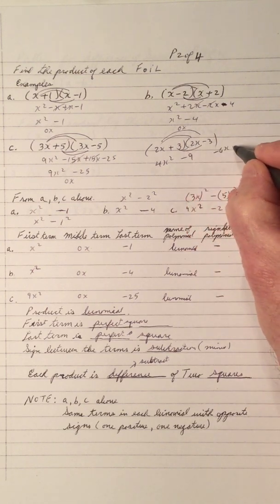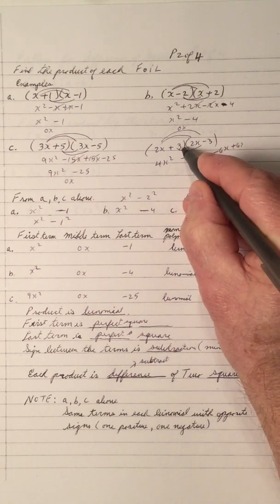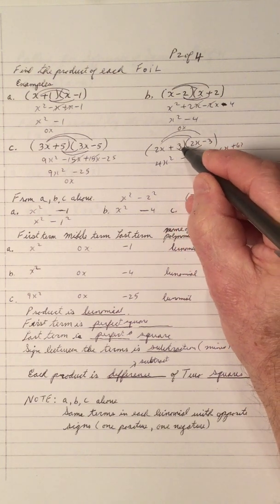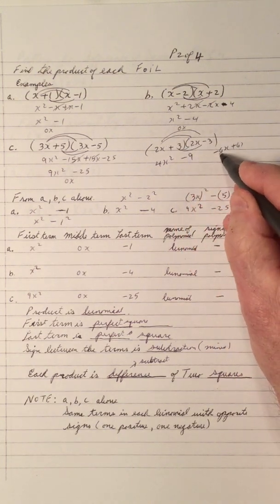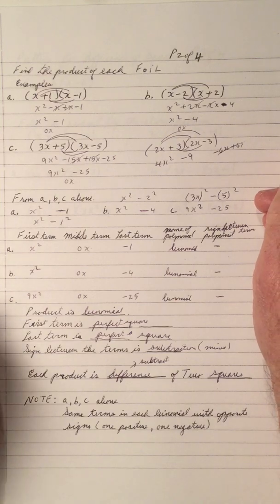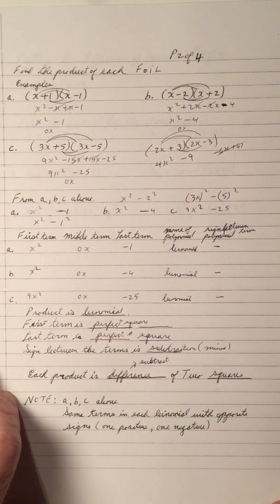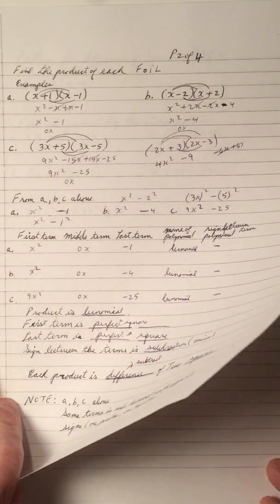When I do the inside, I get a positive 6x. So that gives you 0. And it works.